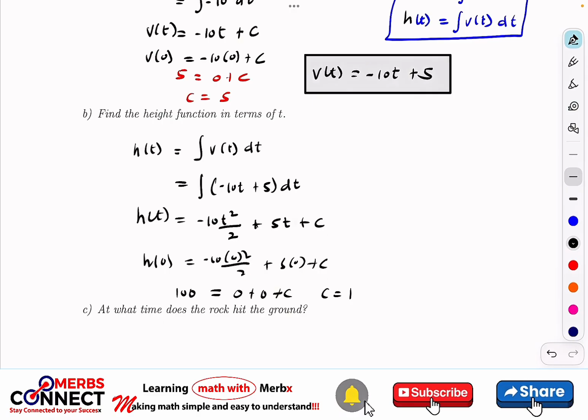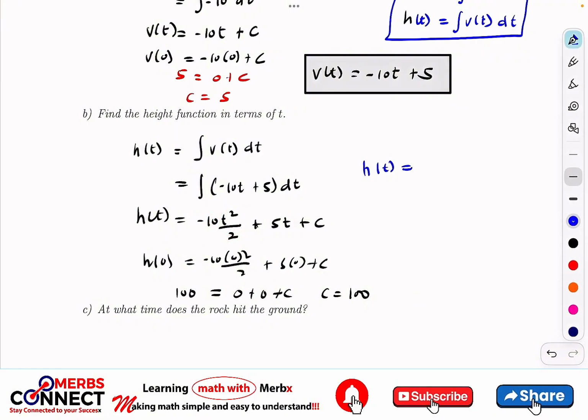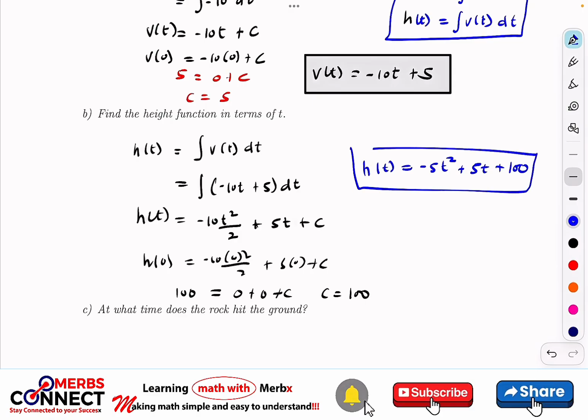So c will be equal to 100. So finally, our h of t will be equal to, okay, I can even simplify this. So I'm going to have this one to be minus 5t squared plus 5t plus 100. So this will be our height, which is the function, right, in terms of t.